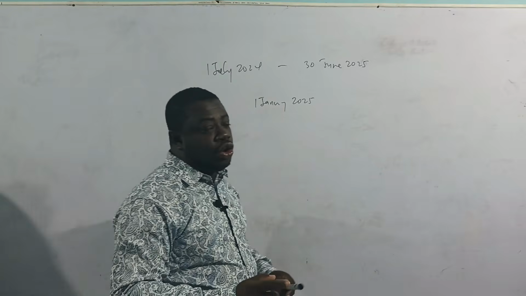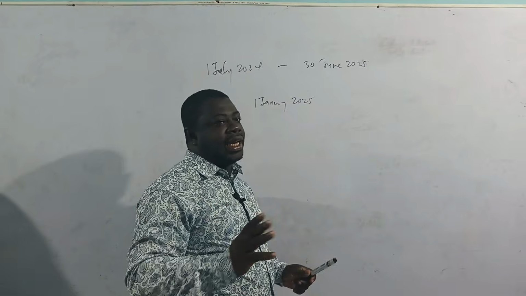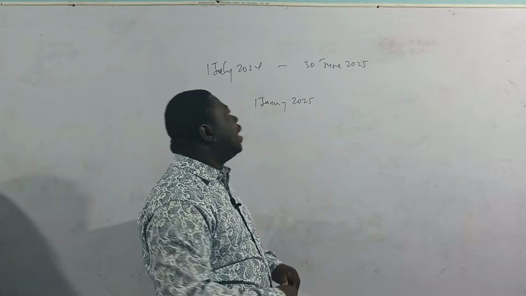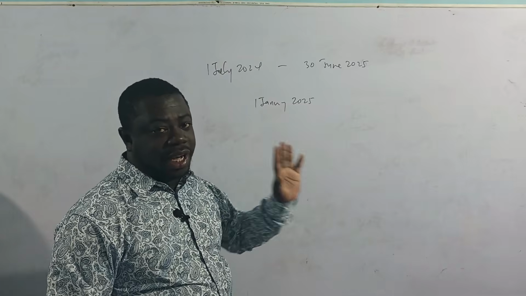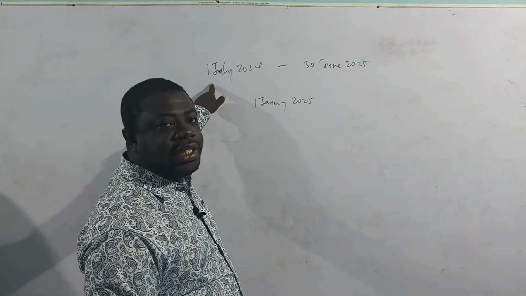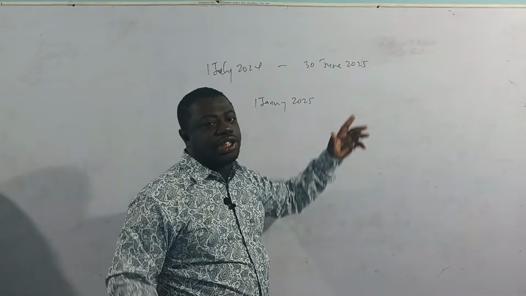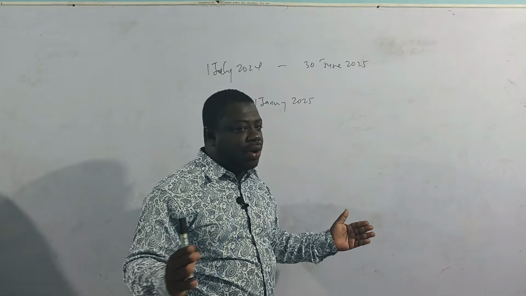We have already learned that the accounting year is not the same as the calendar year. The accounting year is a 12-month period, beginning from the date the business started. So 1st July to 30th June is 12 months. That is the accounting year we are dealing with.